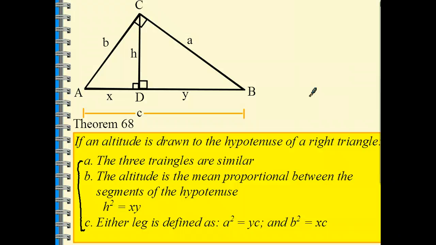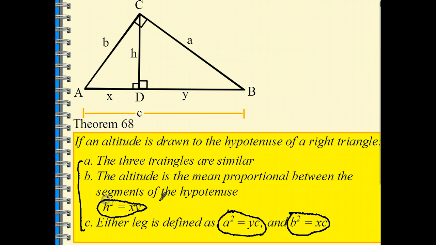And then finally, either leg is defined as A squared equals YC and B squared equals XC. These are very, very important. We are going to use these a lot, and you need to know these formulas.